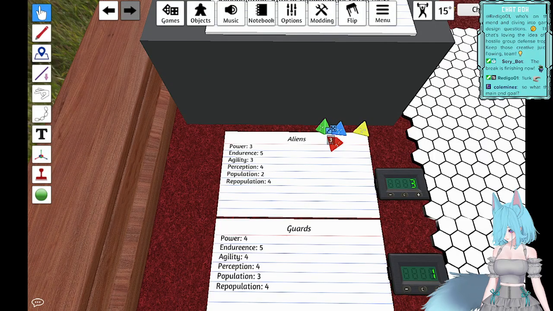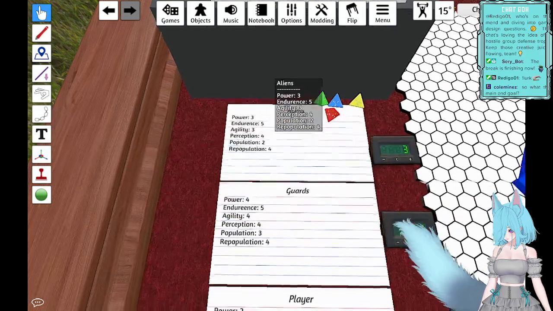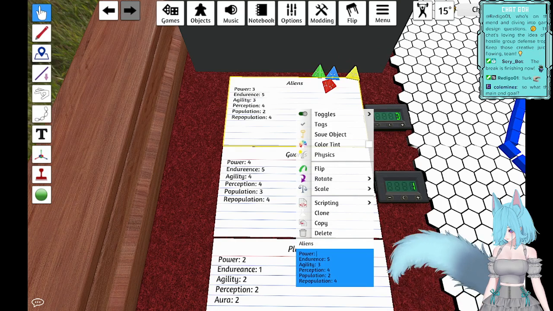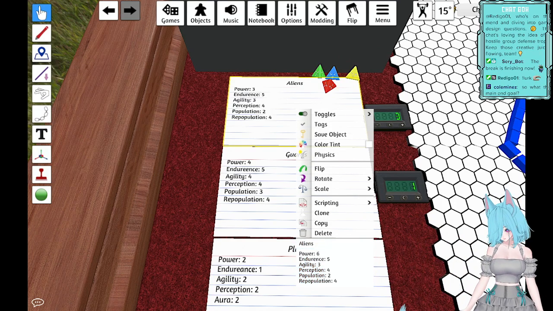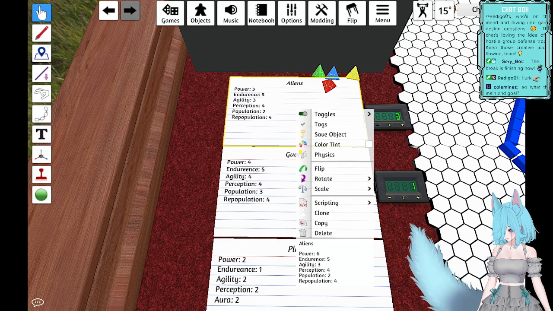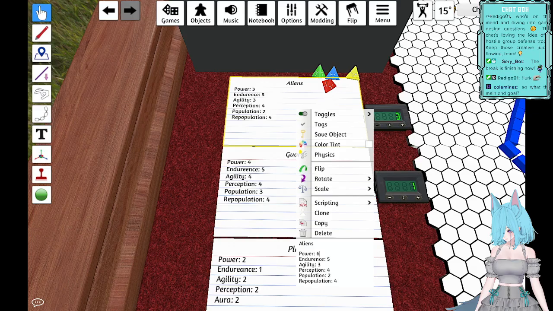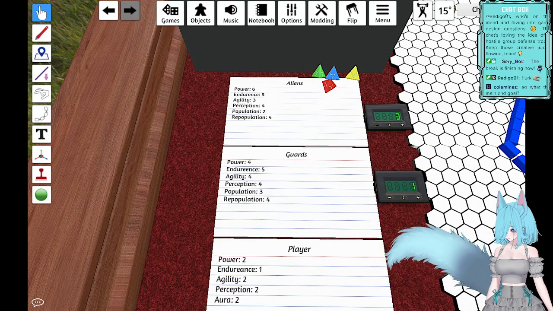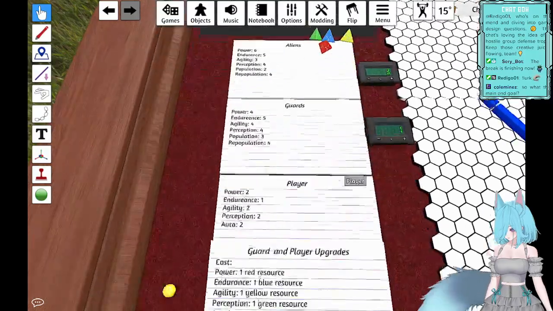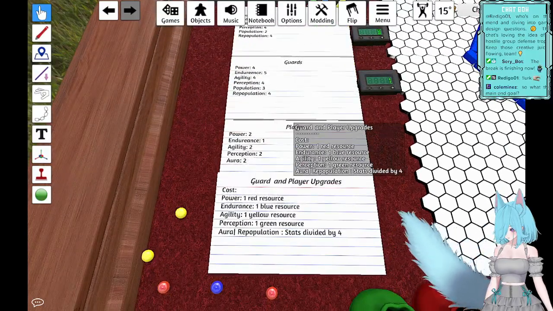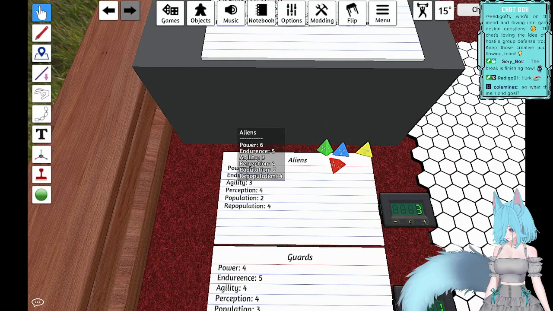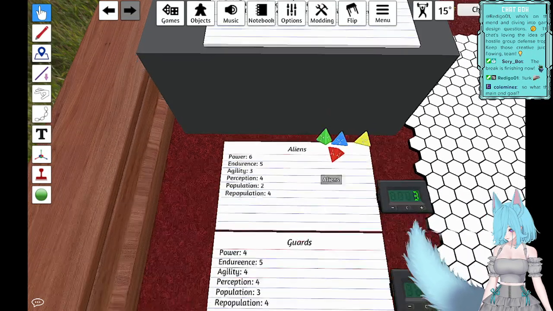They rolled a 3 on power, so the aliens now have 6 power. They rolled a 2 on yellow agility, so they have an agility of 5 now.